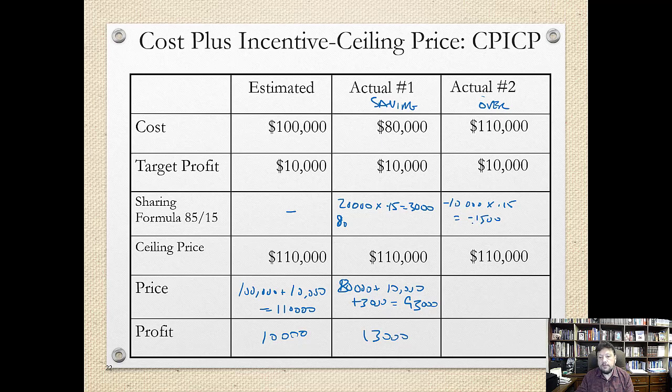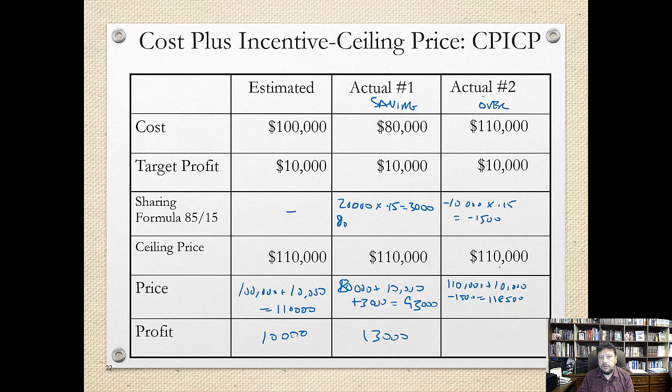But the problem here is that if you compute this, you find out that the total price is coming out to 110 plus 10,000, which is the original fee, minus 1,500, and that gives us 118,500. But the problem here is that we have a ceiling price, and the ceiling price is 110.